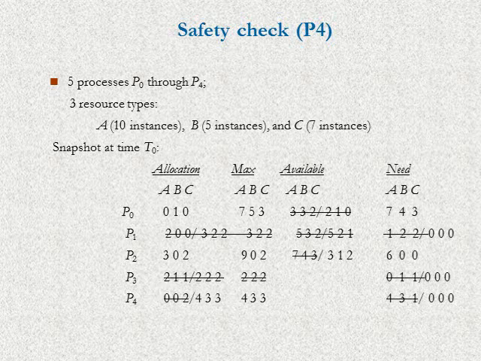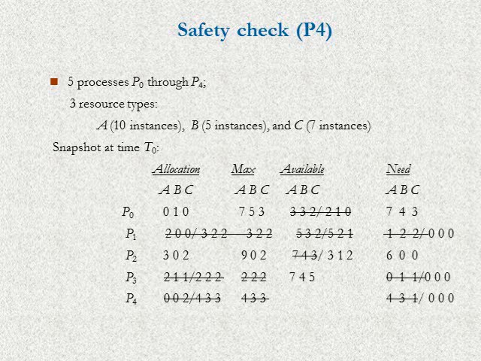Now the allocated resources for P4 become 4, 3, 3, which is equal to the maximum resource requirement for this process. Now we can assume that P4 can also complete its execution within these allocated resources, and once it completes its execution it can return all the allocated resources to the system.